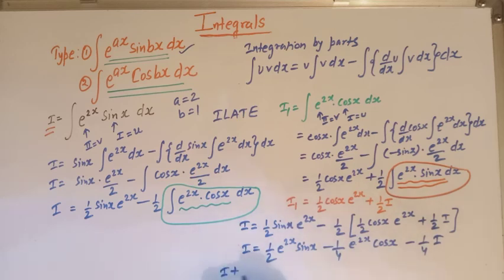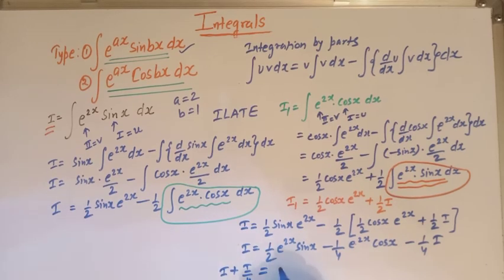So we have I plus I by 4 equal to half sin x minus 1 by 4 of cos x, times e raised to 2x.